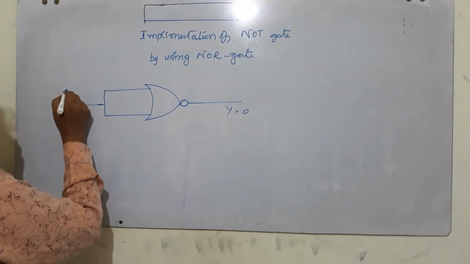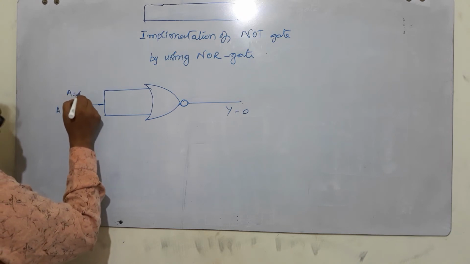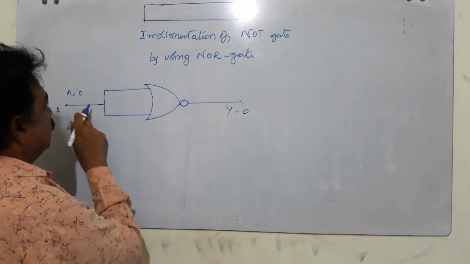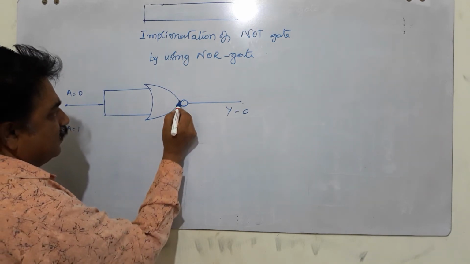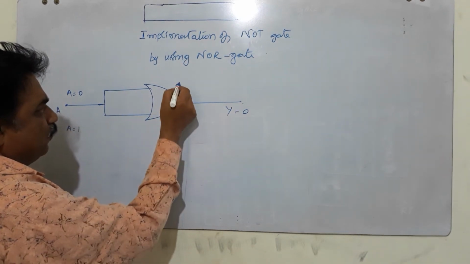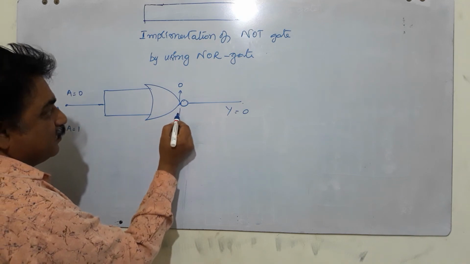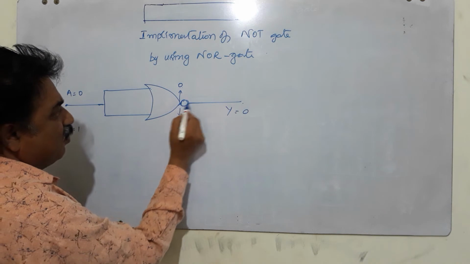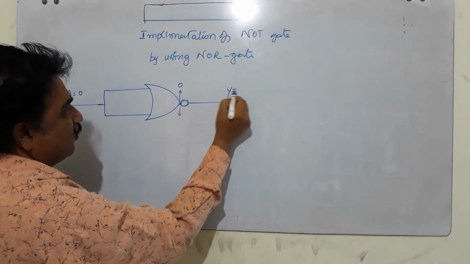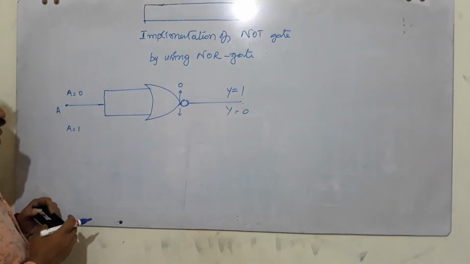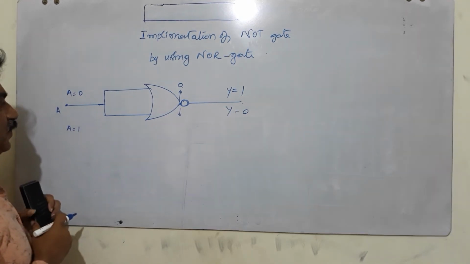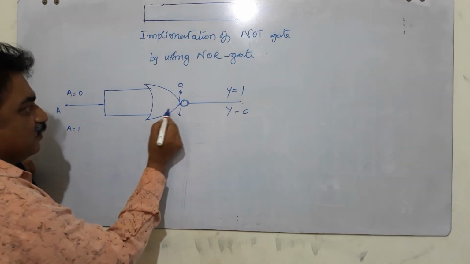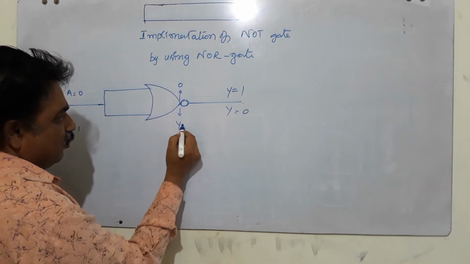If A is given 0, OR gate receives and rectifies as 0, but this 0 is complemented as 1 as the output. In previous case, if input is 1, for OR gate the output is 1.